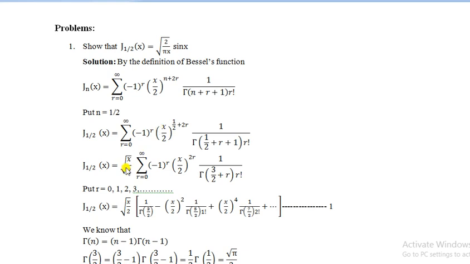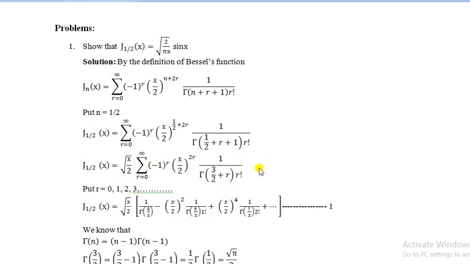So take the square root of x by 2 outside the summation symbol, and the remaining terms are minus 1 raised to r, x by 2 raised to 2r, and 1 divided by gamma of 1 by 2 plus 1, which is 3 by 2, plus r into r factorial.